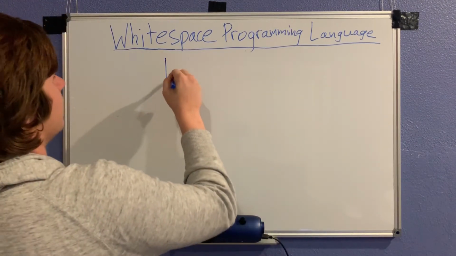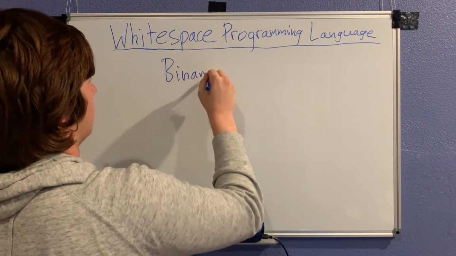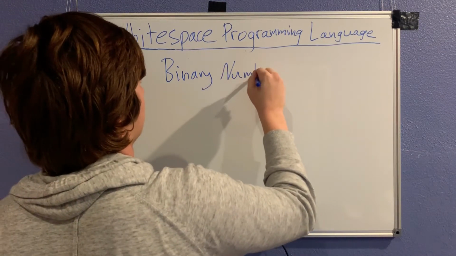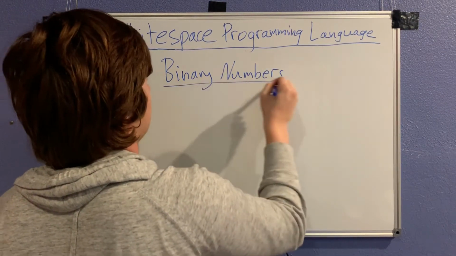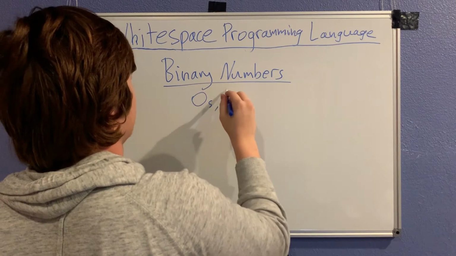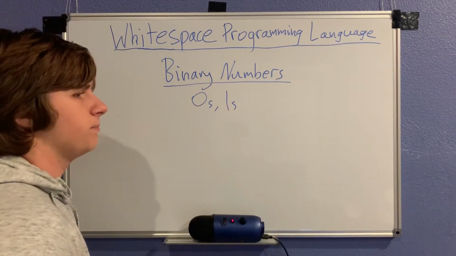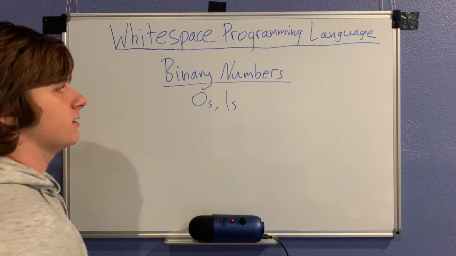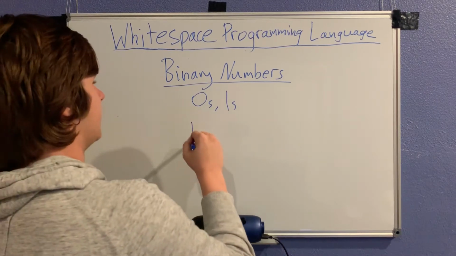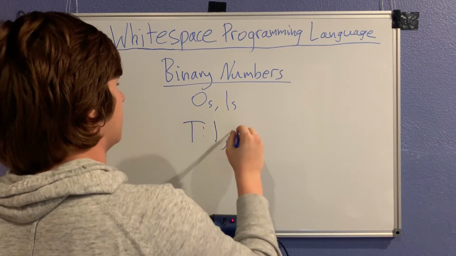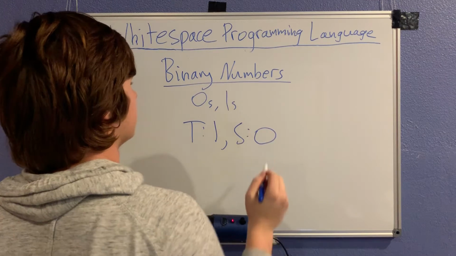So binary numbers have 0s and 1s. So in Whitespace, they just arbitrarily decided that tabs would be 1s and spaces would be 0s.